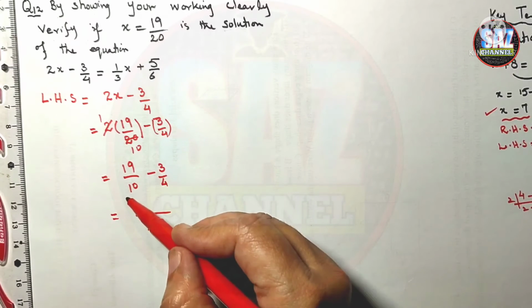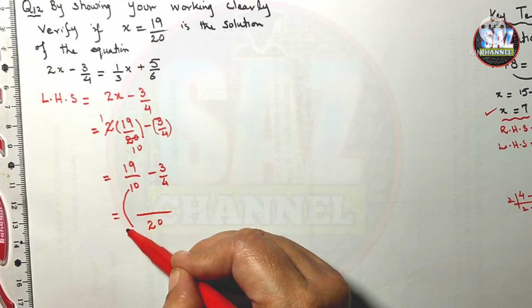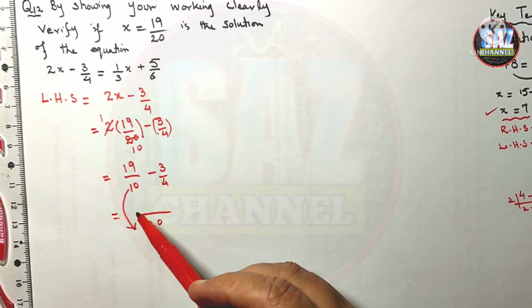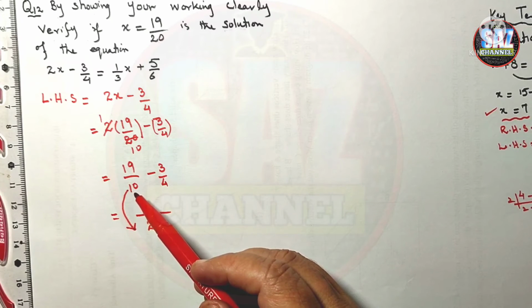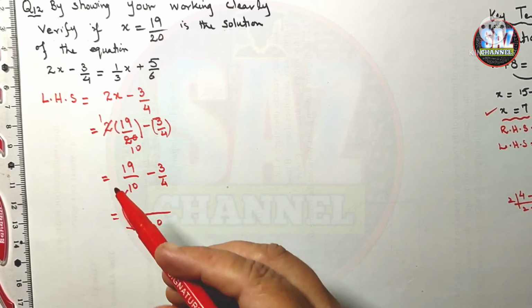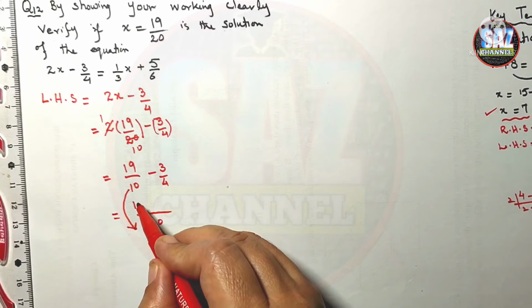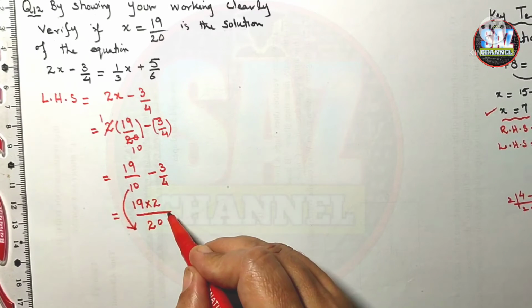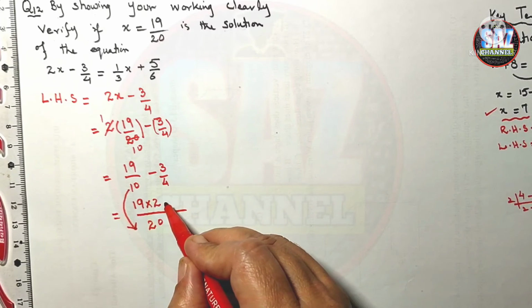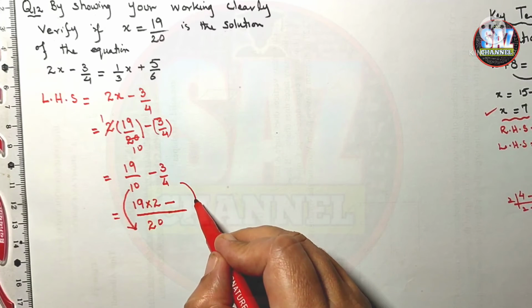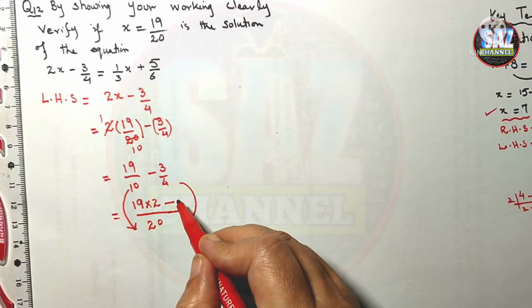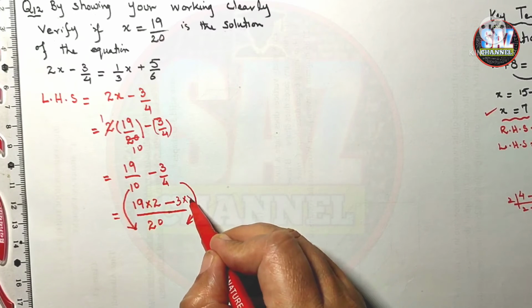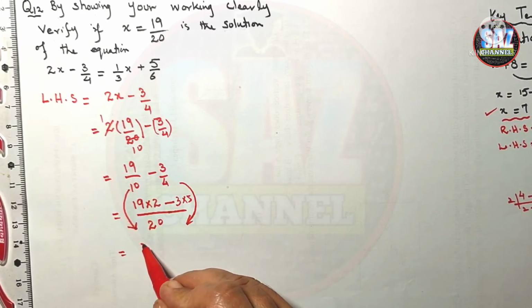Now look here, the denominator is 10 but the LCM is 20. So in order to make the denominator same, I have to multiply 10 by 2. So I have to multiply the numerator as well by 2 to balance and make the denominator same. Minus, 4 how many times is 20? 4 fives are 20 and 3 multiplied by 5. And this will become 38.